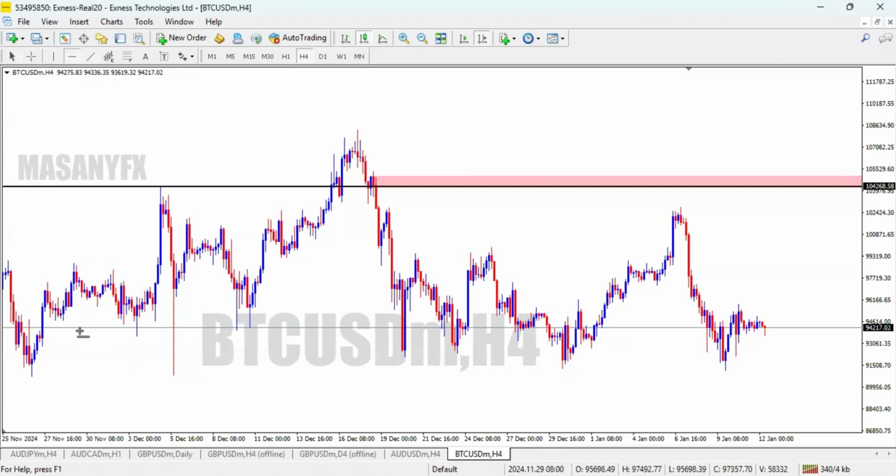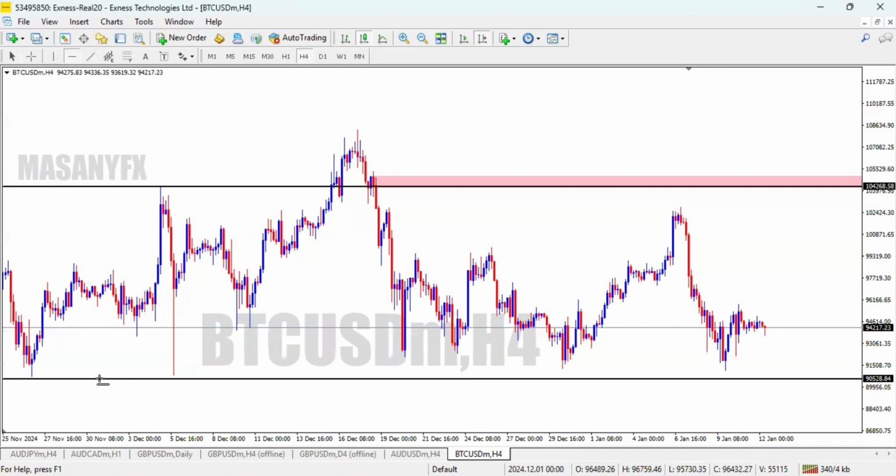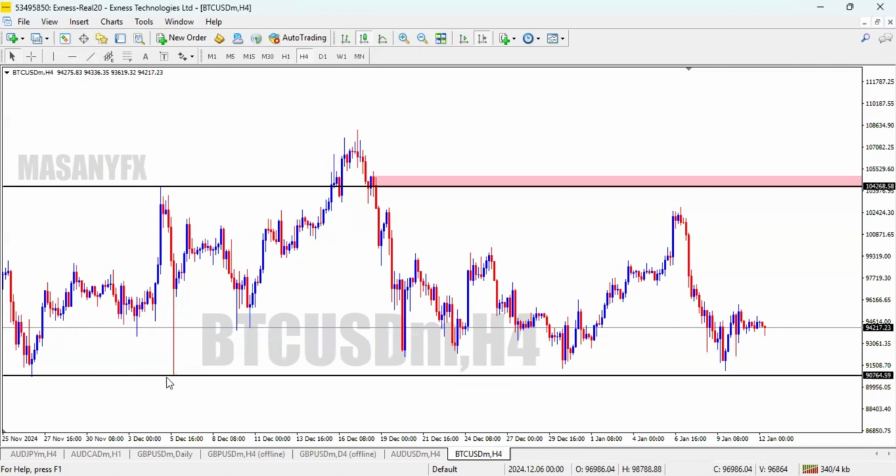The price must break out here first before this supply zone becomes valid. This supply zone is not valid until the price breaks this line. So as long as there's no breakout here, this supply zone is not valid.